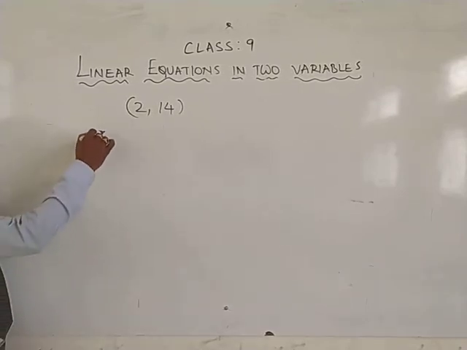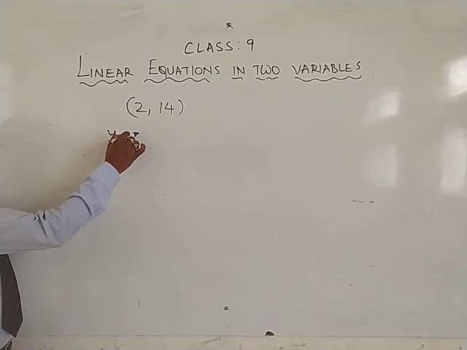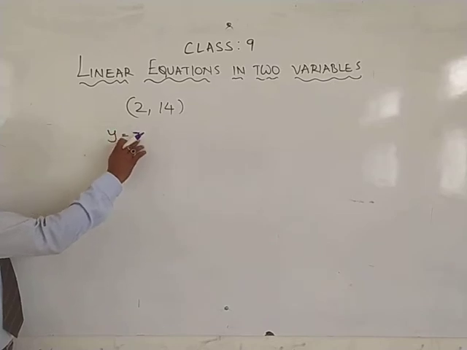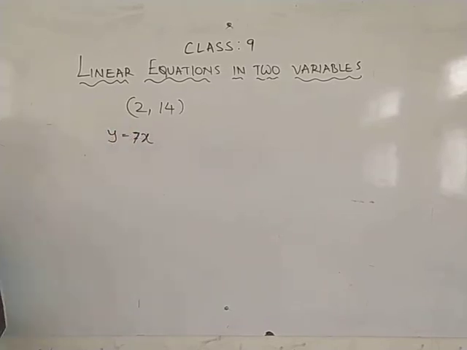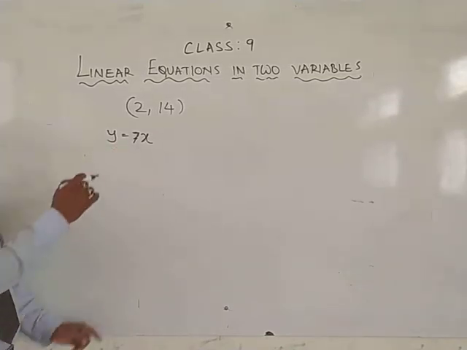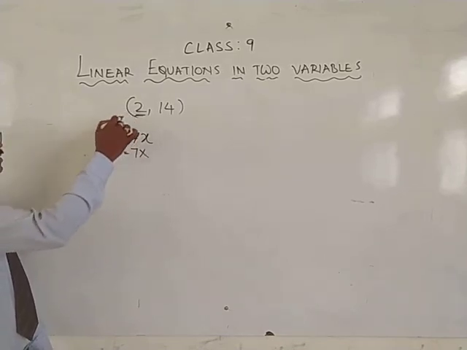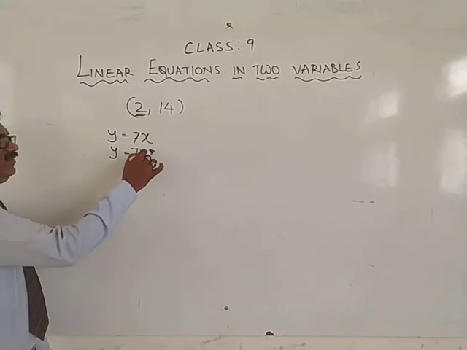So I will write like this. y is equal to 7x. y equal to 7x. Why? y equal to 7, x equal to how much I have to substitute?